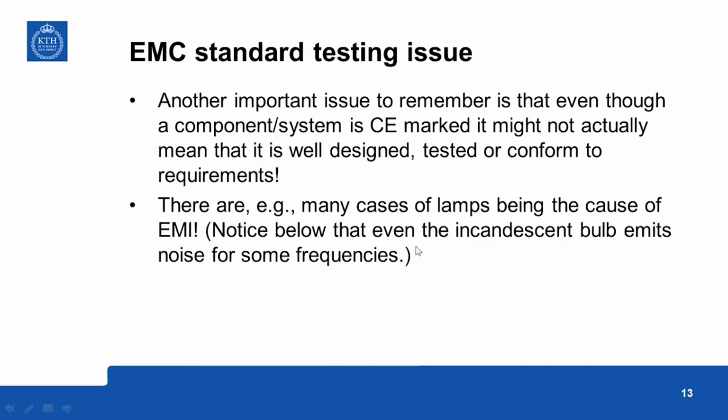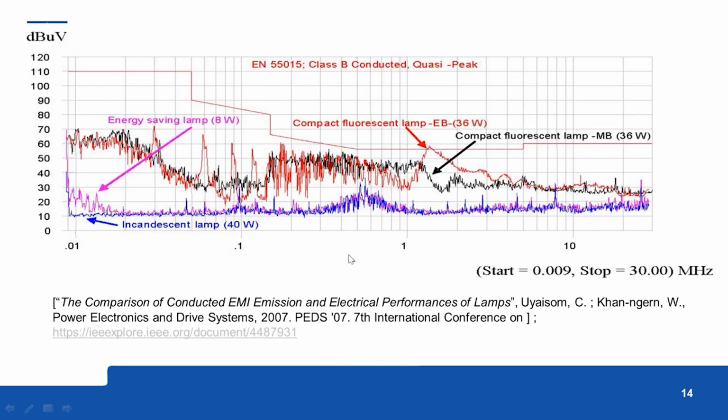So one example can be given here using lamps. This is taken from a publication on comparison of conducted EMI emission and electrical performance of lamps. This is the conducted emission limit, what is shown here, in dB microvolt.